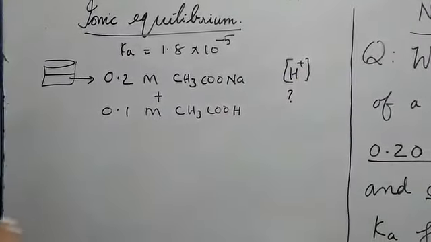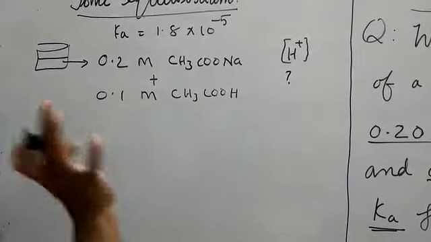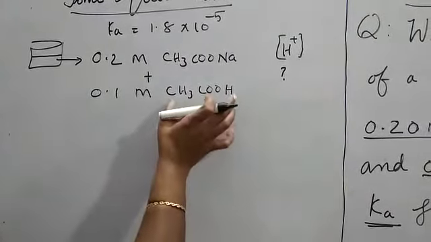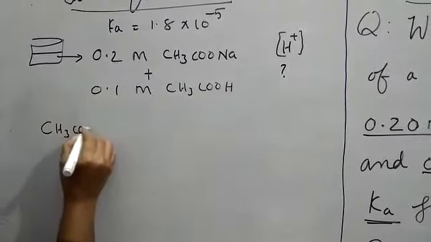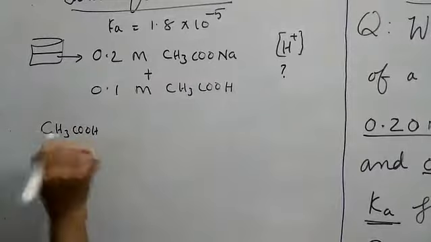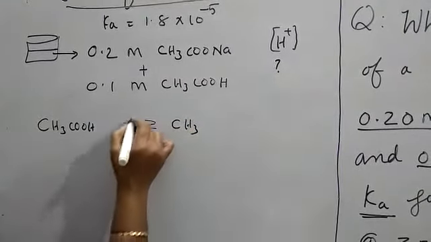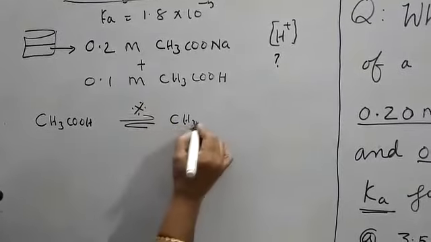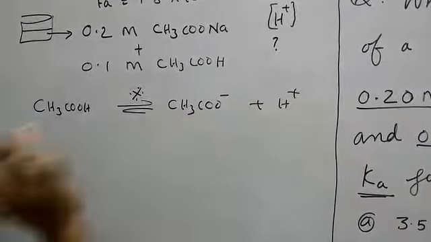Now you have to write the equation for the two chemicals, what is happening. Let us write the first equation. Acetic acid, since it is a weak acid, ionizes to give acetate ion and H plus ion, and you have to put it as an equilibrium.